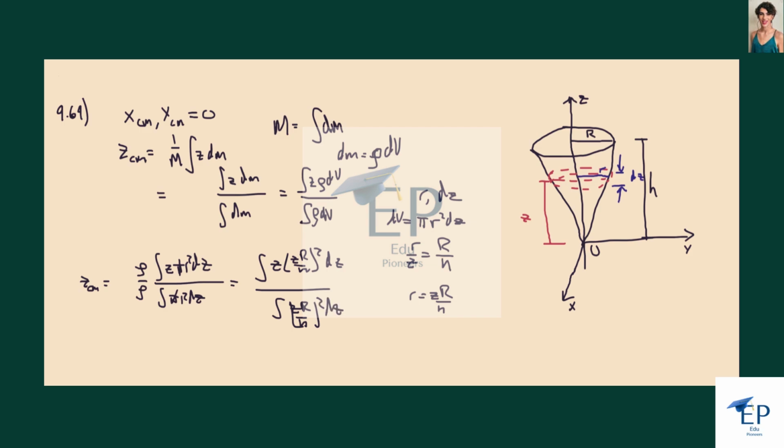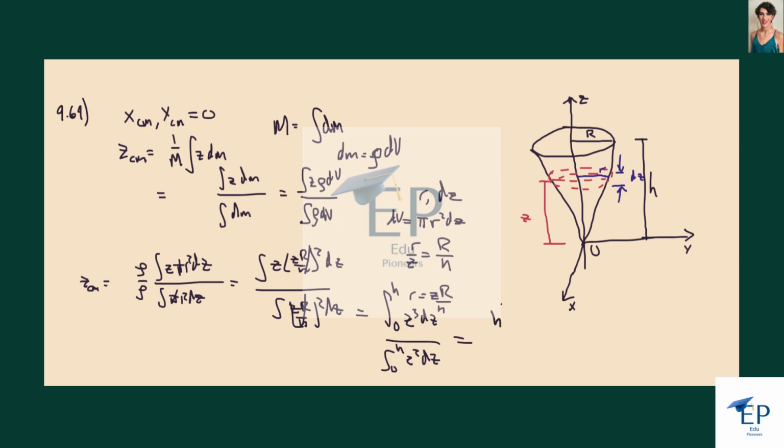Okay, so now we know these R over h squares are going to cancel out, and we're left with integral from 0 to h z cubed dz over integral from 0 to h z squared dz.